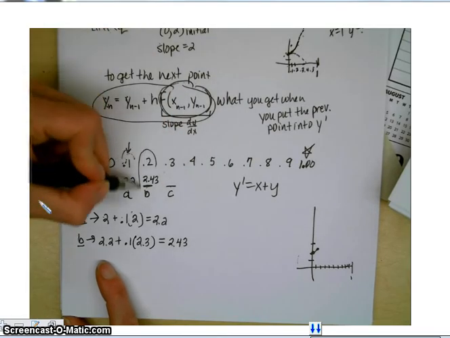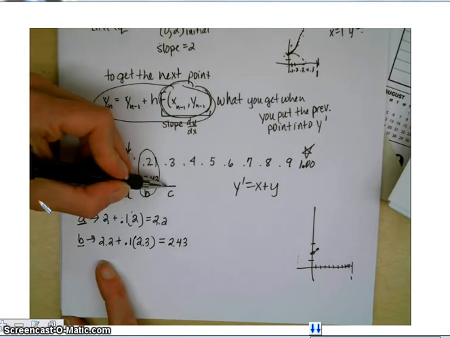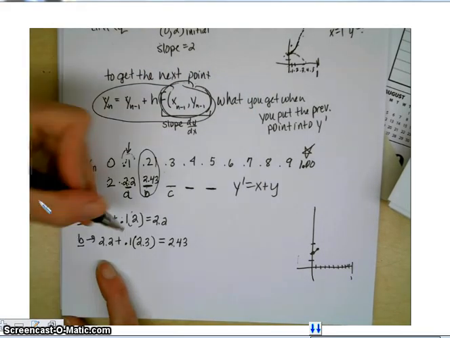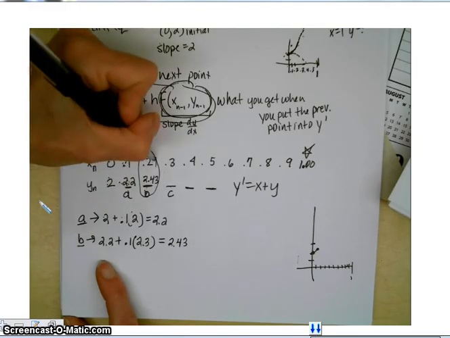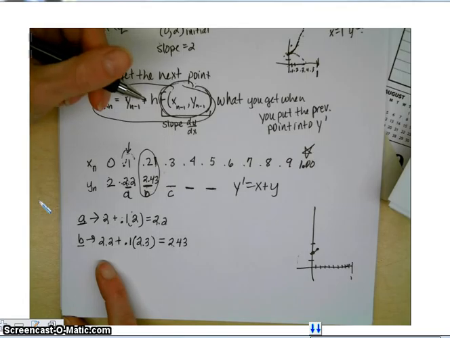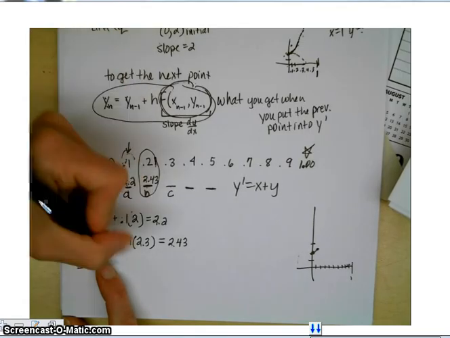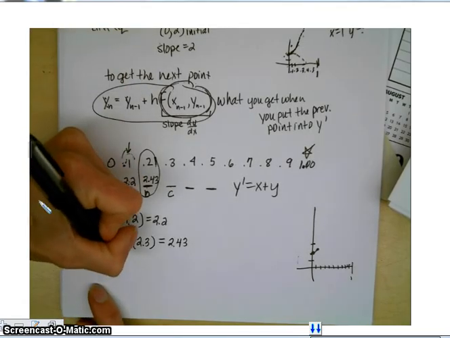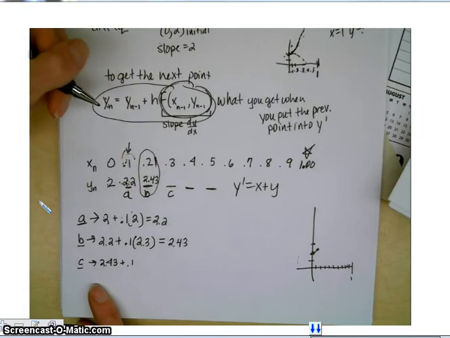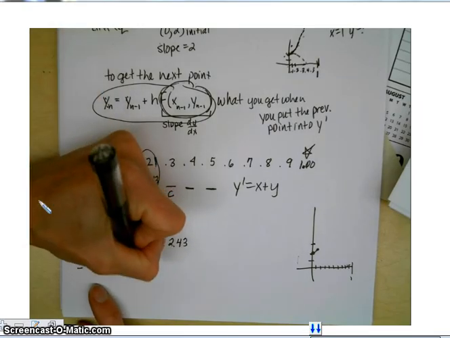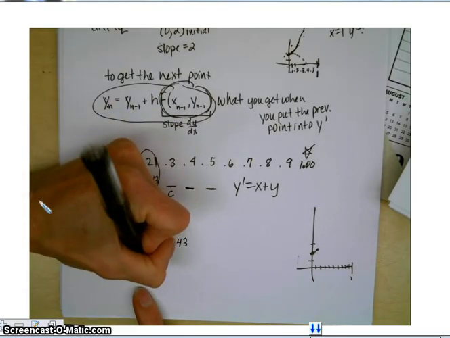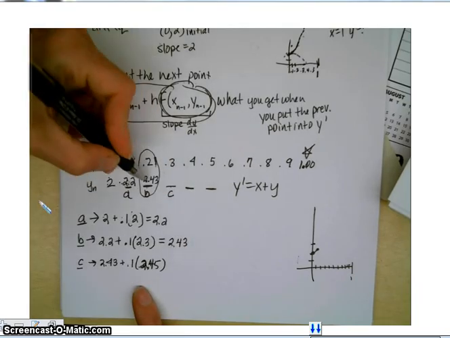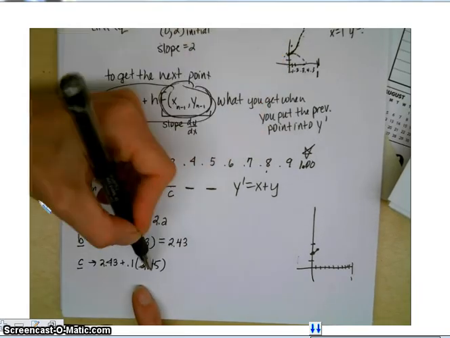Okay, so now I'm going to take this ordered pair, and this will be the last one we do, and then I'm going to have you find the next two. Okay, so then we're going to take and put in 0.2 and 2.43 into that formula. So my y value is now 2.43 plus my step size of 0.1 times what I get when I add 0.2 plus, well, that would be 2.45. So when I put this ordered pair into my slope, I get 2.45.